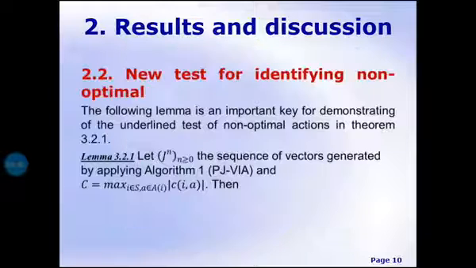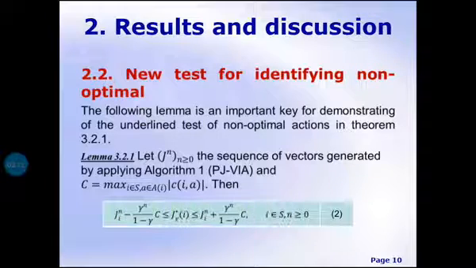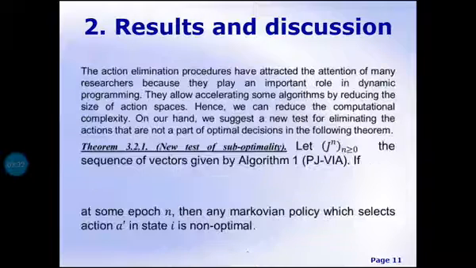The following standard algorithm is the value iteration algorithm based on the Bellman optimality equation. To present our test for identifying non-optimal actions, we need to introduce the following lemma. This theorem gives a new test of non-optimality based on the previous lemma.